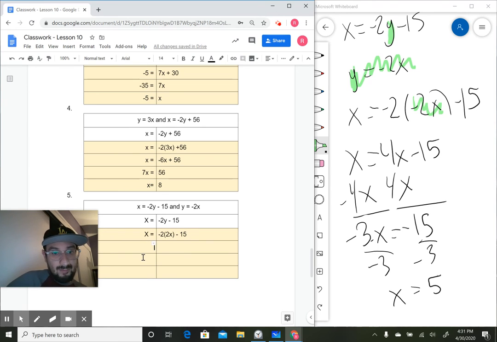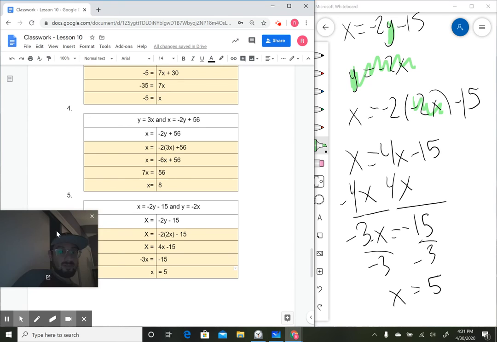I'm going to have x equal to positive 4x minus 15. I'm going to subtract 4x on both sides. I'm going to get negative 3x equals negative 15. Divide by negative 3 on both sides, and you get positive x equals positive 5.